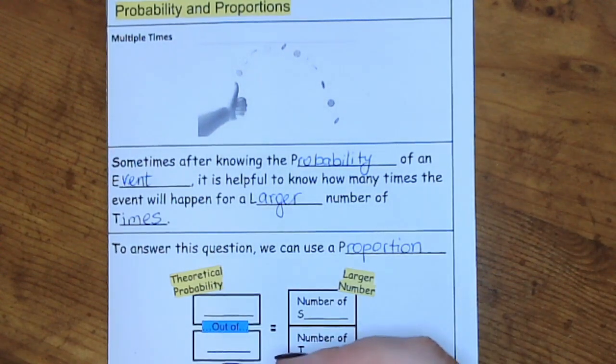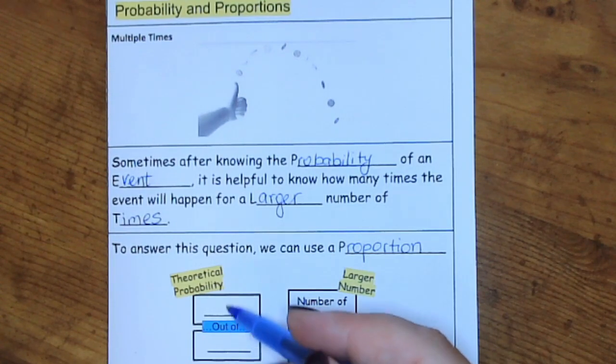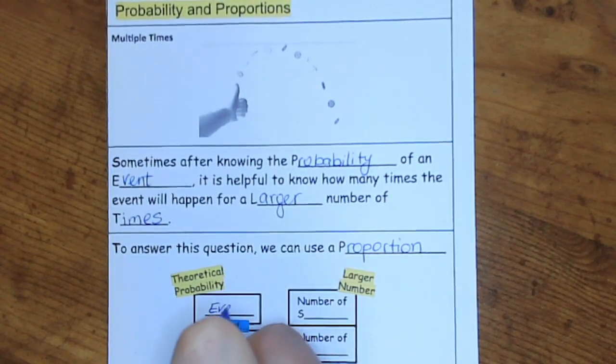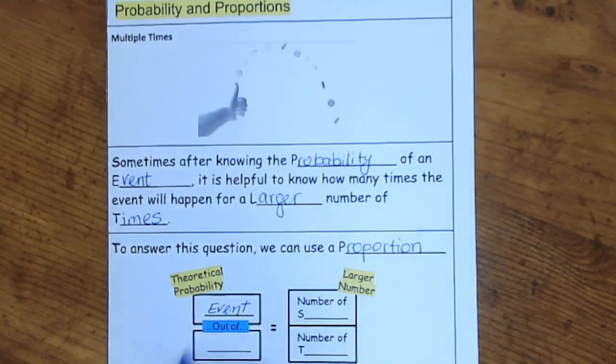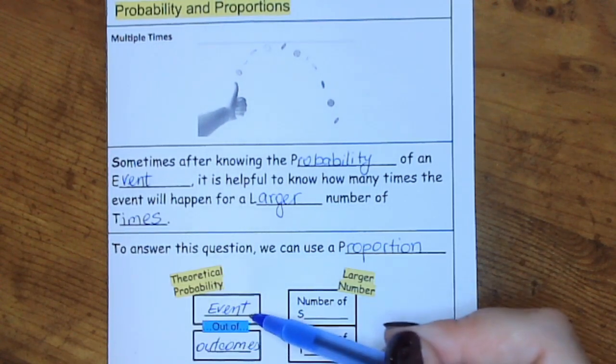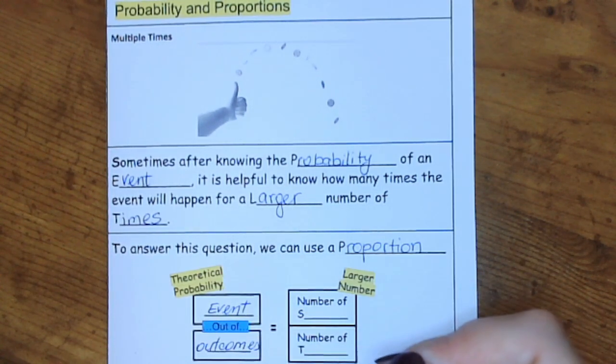Theoretical probability of an event is what we want out of the number of outcomes possible. So a theoretical probability is how many times the event happened out of possible outcomes. For instance, the probability of tossing a coin and getting heads or tails will be 1 out of 2. Getting any number on a regular die will be 1 out of 6.